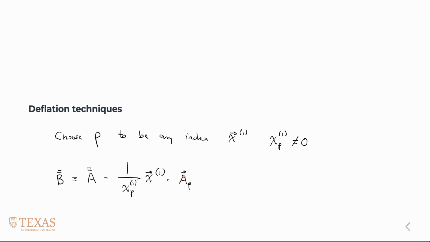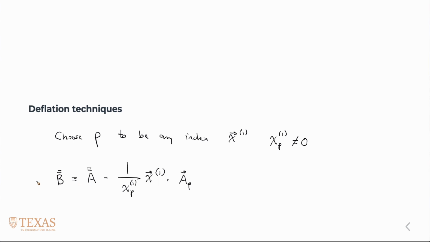So in this case, A vector p is the pth row of A in the definition here. And so what this does is it deflates the matrix A to establish a new matrix B, which will have the same eigenvalues as A, except the largest eigenvalue will have been replaced with a 0.